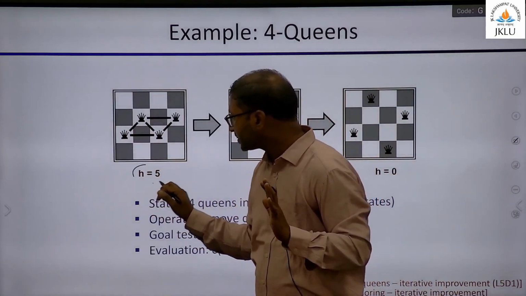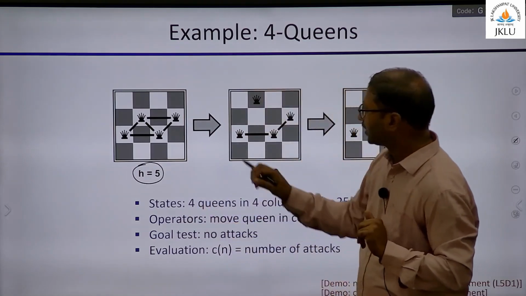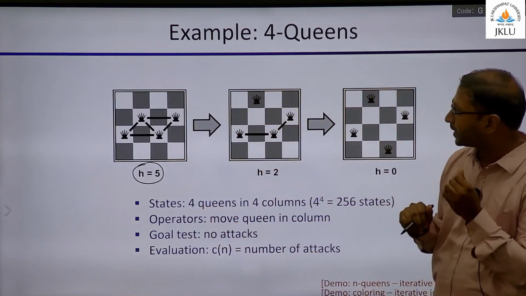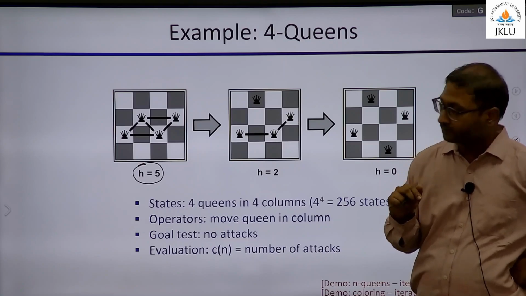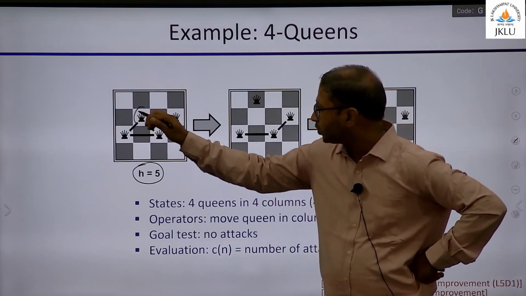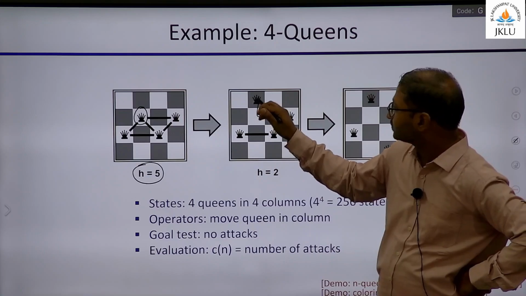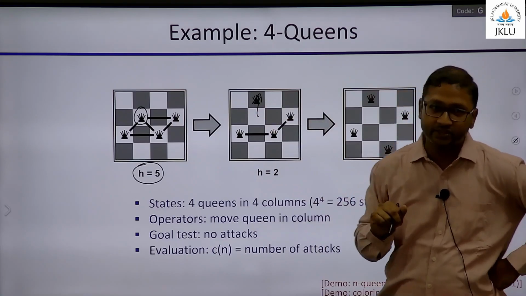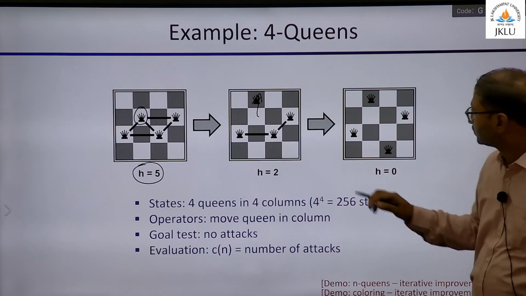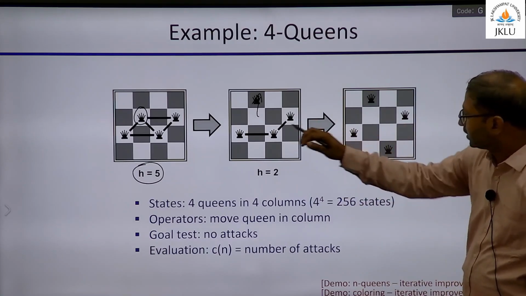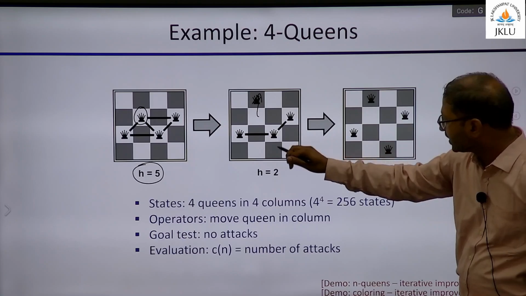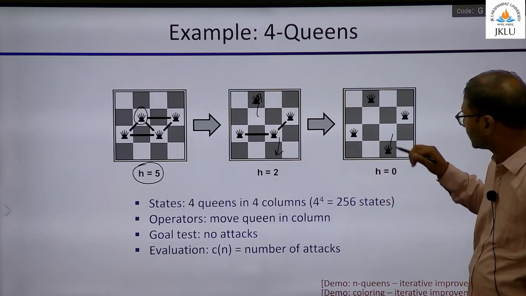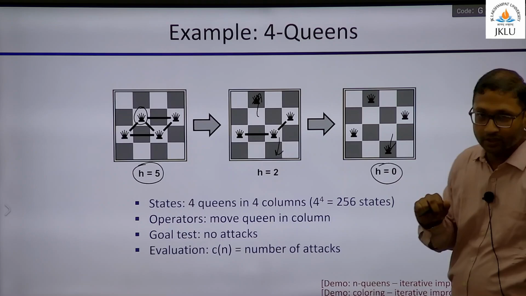So you put this h equal to 5. Now what has happened in this case? Which one goes where? So this one goes up. What is the value of h now? 2. Further, these two guys still remain the same. This comes down, h equal to 0.